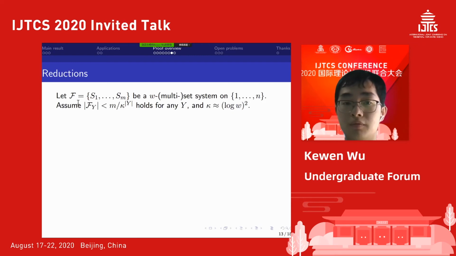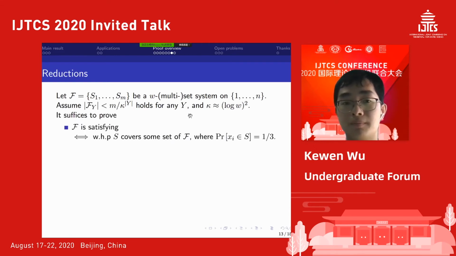Still, assume F is a W multi-set system on the ground set 1, 2, 3 up to n, and assume it's pseudorandom with parameter kappa roughly log W squared. By pseudorandom, we mean the size of the link is at most m divided by kappa to the size of Y, and this holds for any set Y. So recall our previous definition of robust.